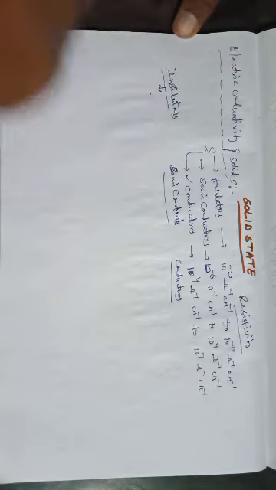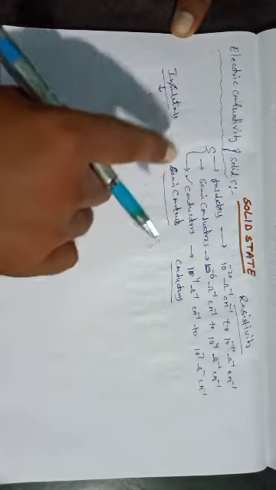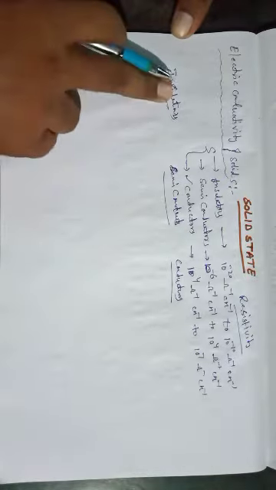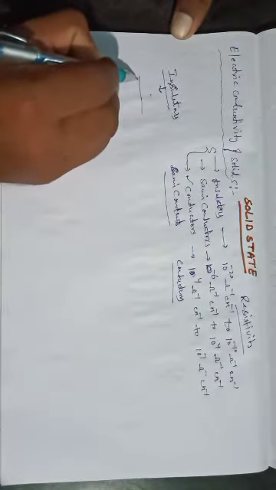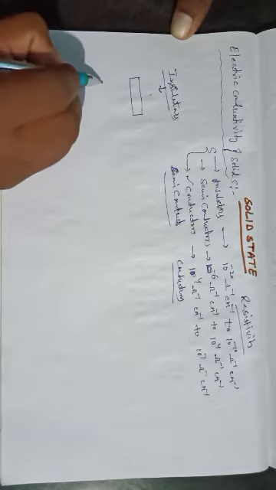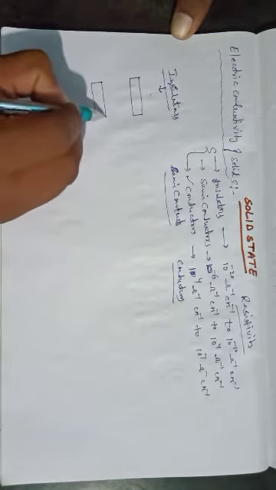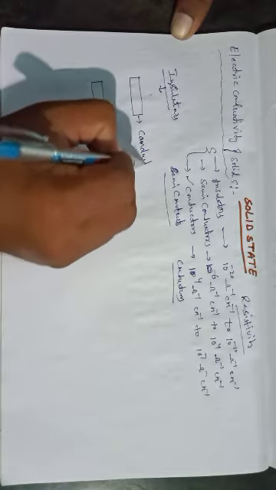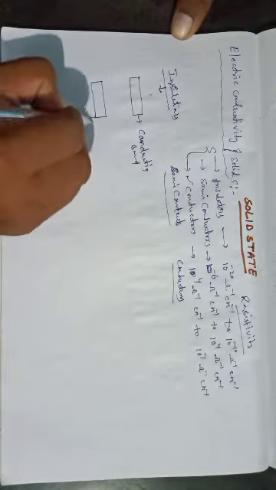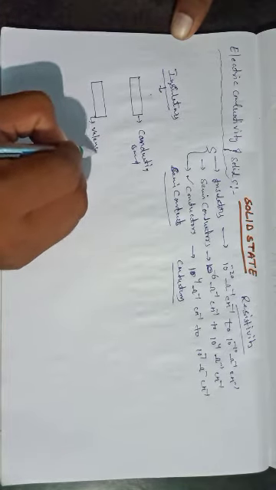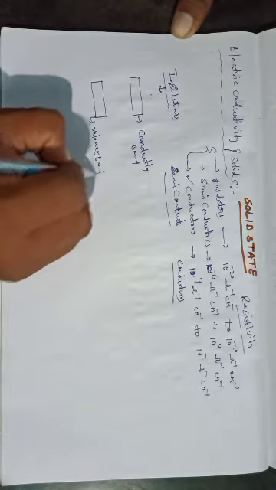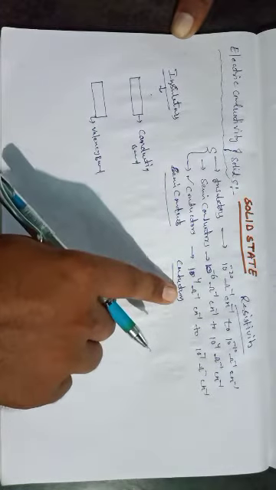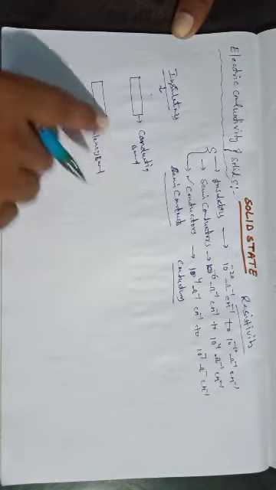Okay, students, first insulator means the substance which cannot flow electricity through itself. Every substance, insulators, semiconductors, or conductors, contains two types of bands: conduction band and valency band.